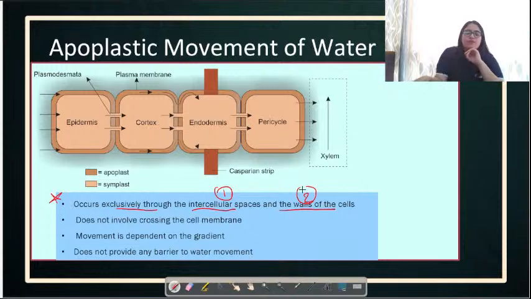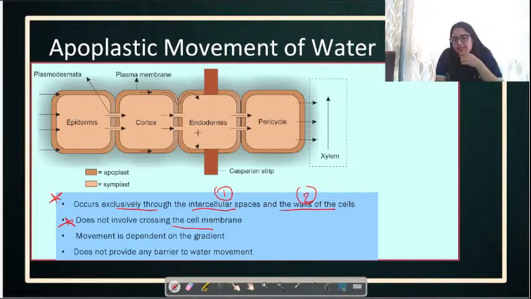Now, whenever the water is moving with the help of apoplast, it does not involve crossing the cell membrane. Yes, you saw this. This is the darker brown shade where water is not entering the cytoplasm, rather it is moving on the peripheral part, made up of the cell wall portion as well as the space present between the two cells, the intercellular space and the space of the cell wall.